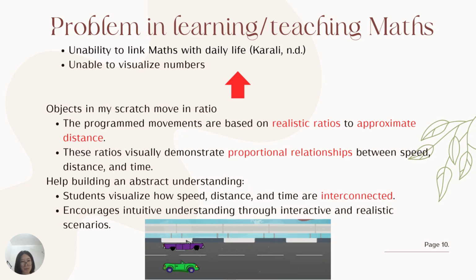The program movements are based on realistic ratio to approximate distance. This ratio visually demonstrates the proportional relationship between speed, distance, and time. I hope that this helps students to build abstract understanding of speed, time, and distance, as they can visualize how speed, distance, and time are interconnected, and it encourages intuitive understanding through interactive and realistic scenarios.